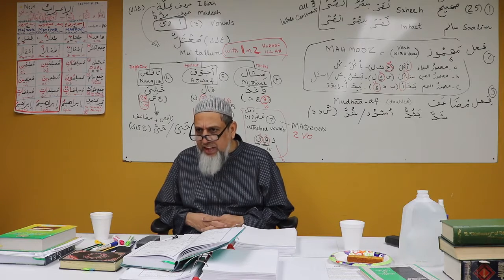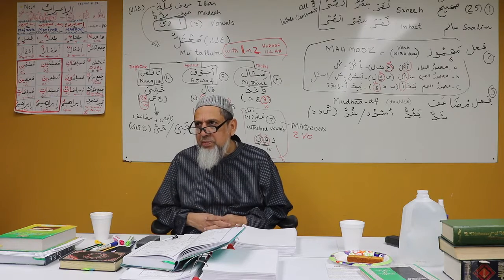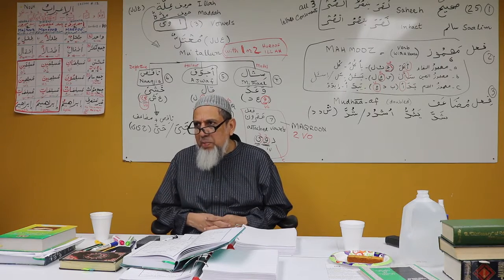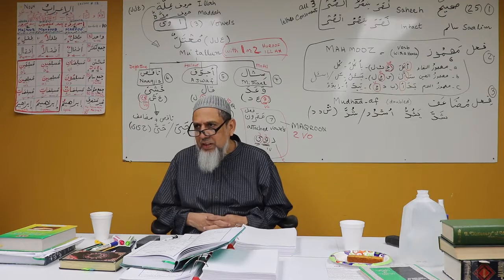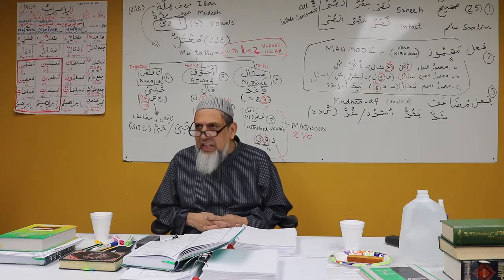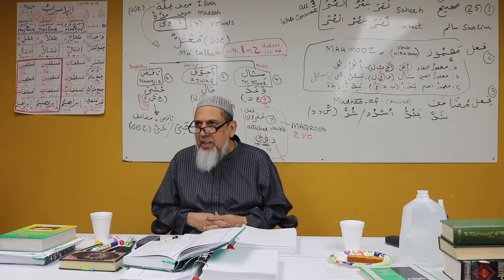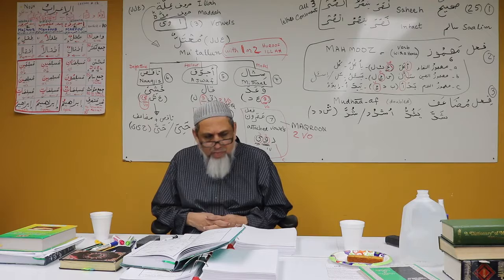Okay, now write the meaning there. Wa'ada means, on the same page, in the same box, he promised. Wa'ada, he promised. Past tense. Ya'idu means he promises. Id is imperative.